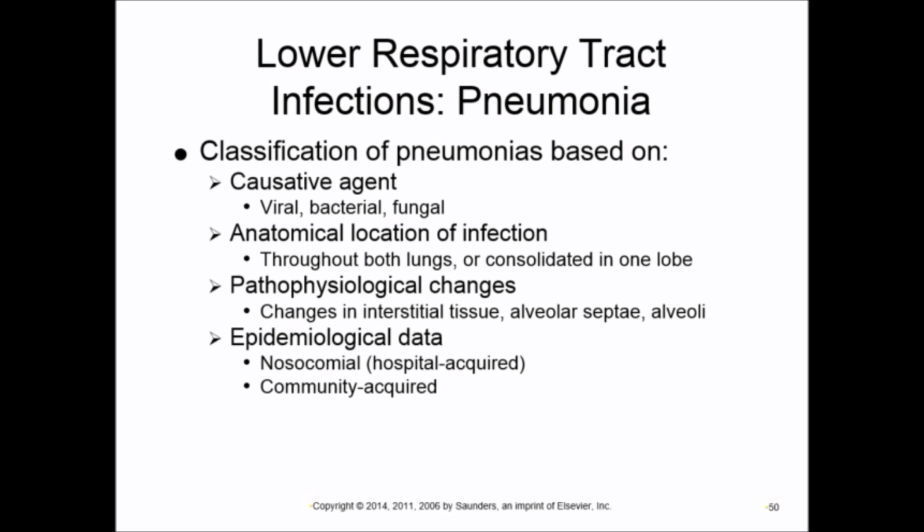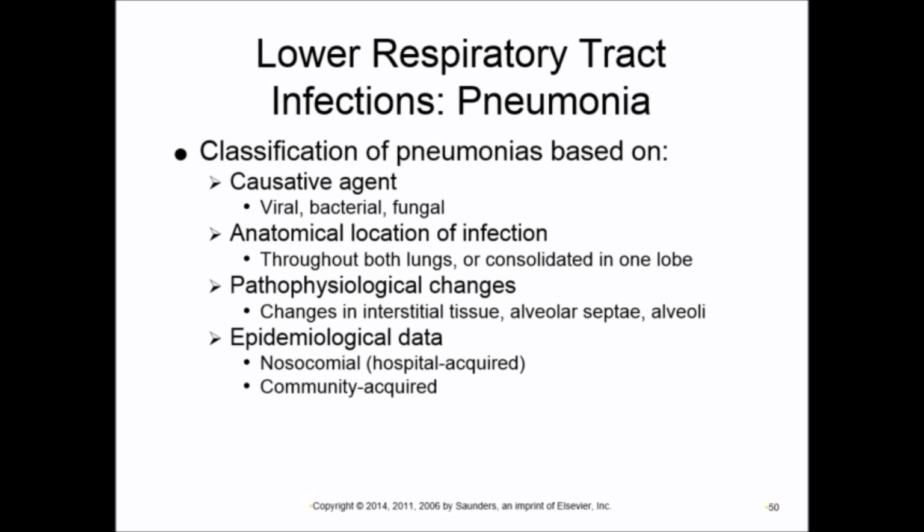The other type of classification, distribution. We know the anatomy of the lung, right lung, left lung, lobes and lobules, right? And bronchi. So it depends on the distribution. Is it taking a whole lobe, the upper right lobe? And usually the lower, by the way, just for your information. Is it the right lower lobe, the left lower, the whole lobe, or two lobes?